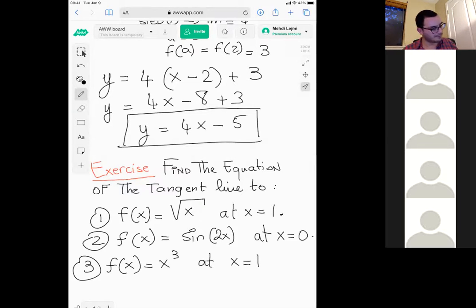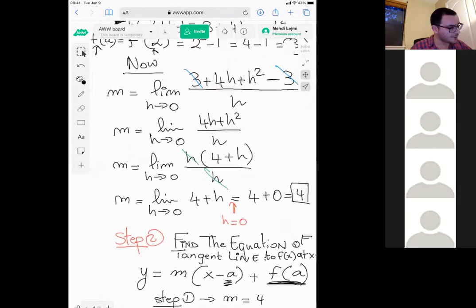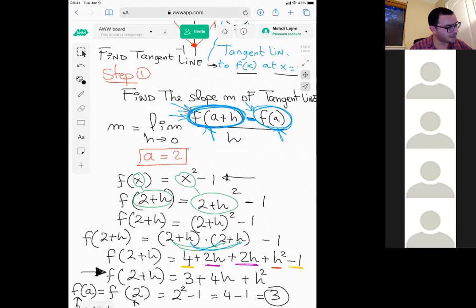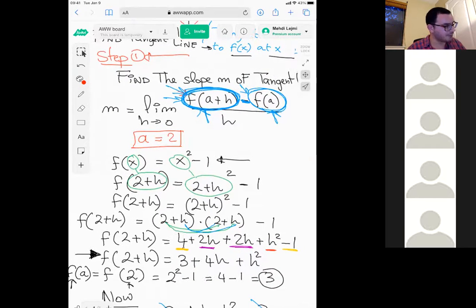All you have to do, guys, to find the equation of the tangent line is to follow these two steps. Step one: you need to find the slope of the tangent line. So we have m equals the limit as h goes to 0.